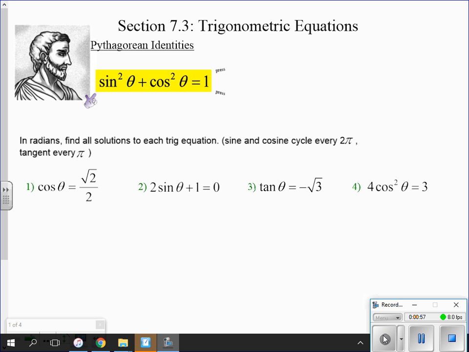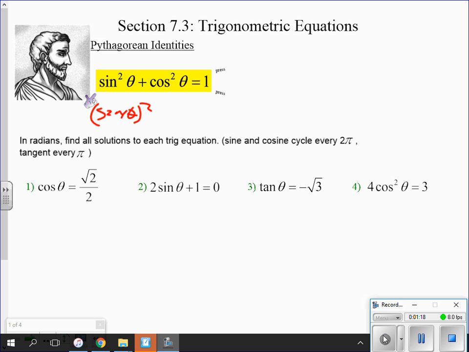Okay. The Pythagorean identity, sine squared theta plus cosine squared theta equals 1. And remember, when you see a power written like that, that means we have the sine of theta squared.